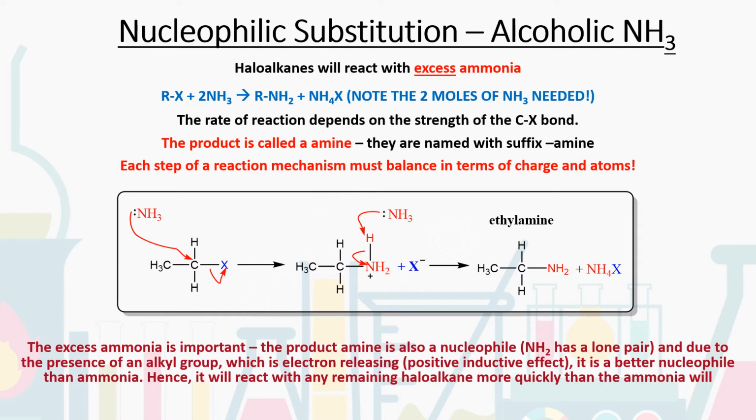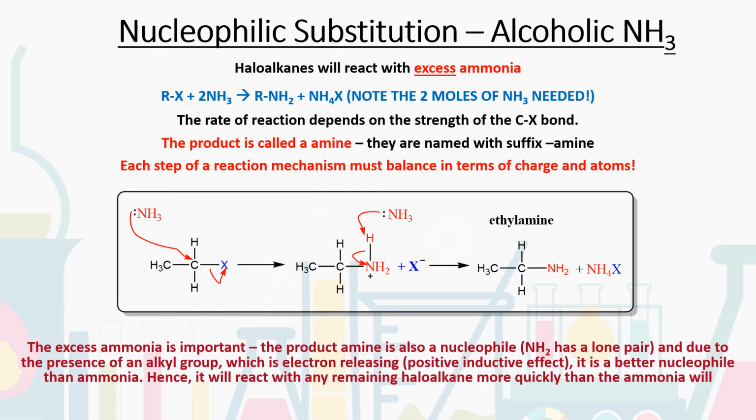That's our delta positive carbon. Carbon can only have 4 bonds, so we have to break one of those bonds. We break the CX bond, and so we have an arrow going from the centre of that CX bond, where the electron density is, onto the electronegative X atom. And so this ends up producing the same thing that we've seen for lots of other of these mechanisms. Our NH3 group has substituted on. We've kicked off our X as an X minus.